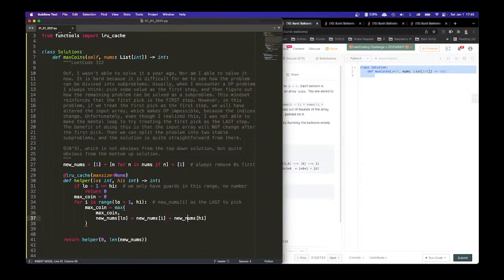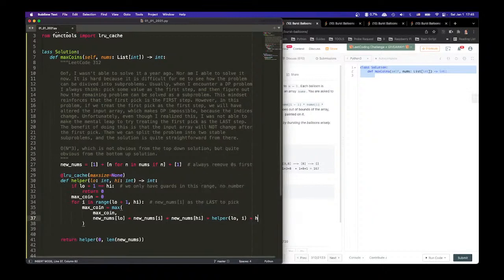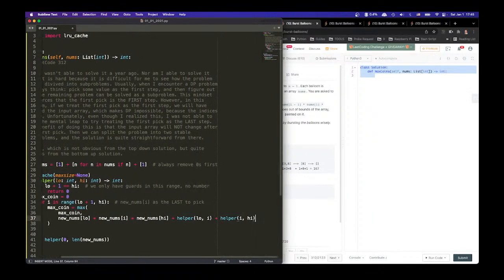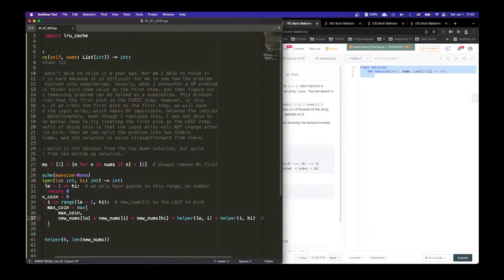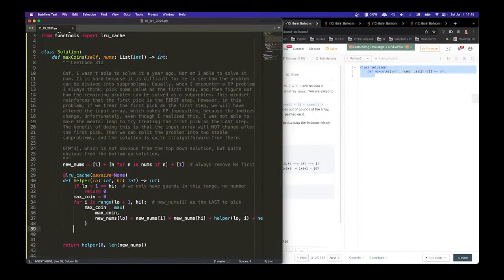Because i is the last to pick, we divide it into two subproblems, and each subproblem has the guard. So plus helper low to i, plus helper i to high. We need to comment on this: i becomes the guard. And of course, once we're done, we return max coin.